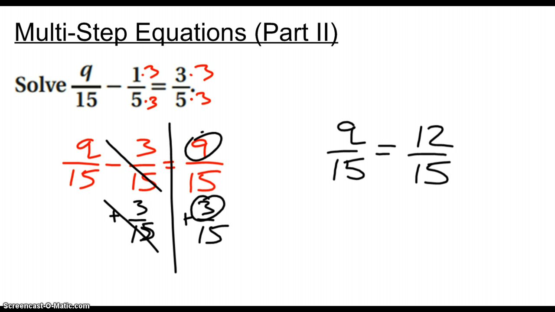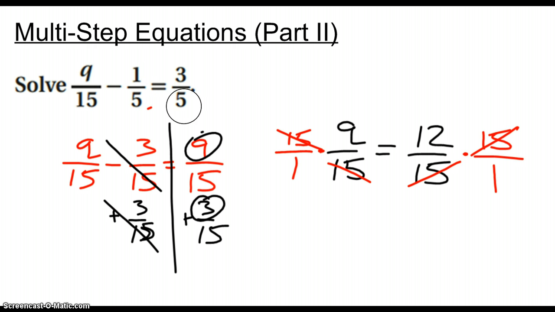And there we go, we can see that q is going to have to equal 12 in this instance. The way that you could show that is, since q is being divided by 15, I could multiply by 15, since 15 divided by 15 will cancel, and this times 15 will also give us this, and q will still equal 12. That's one way that we can do that.